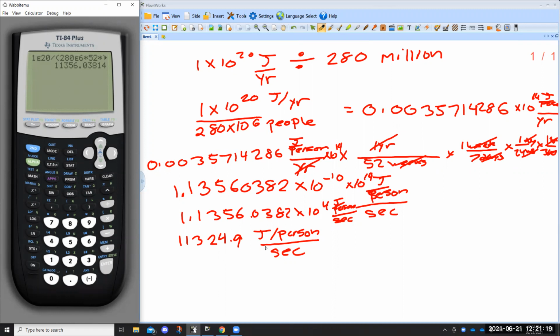And so according to the work that I have, this should be 11356.0.